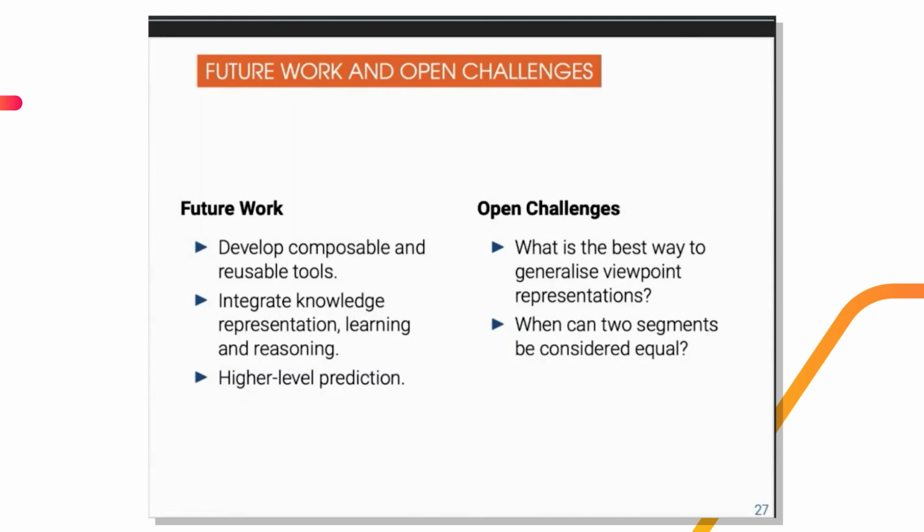I've got two here. The first is, how do we generalize viewpoint representations? This is of course quite application specific, but what I mean is, how do we develop viewpoint representations for a domain so as to be complete but also unbiased? You want it to be complete and then leave it to the multiple viewpoint system to select the best representational features for a given scenario.